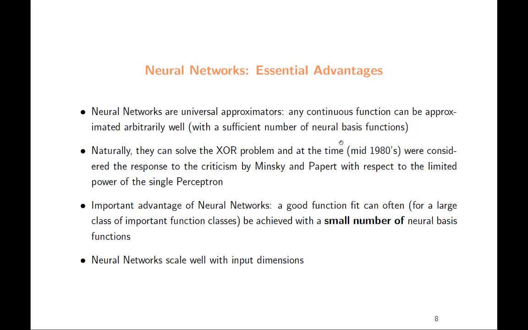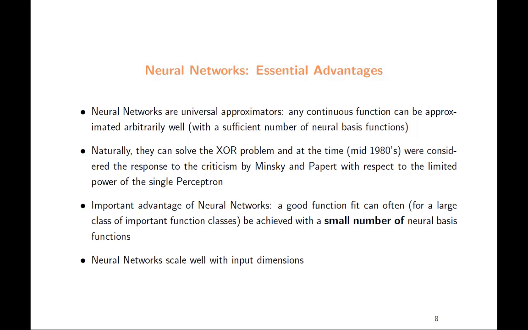So any continuous function can be approximated arbitrarily well. Of course, with maybe a large number of neural basis functions, but there was a nice result that you don't have to go outside of this domain of sigmoidal basis functions. That's sufficient for any interesting problem.